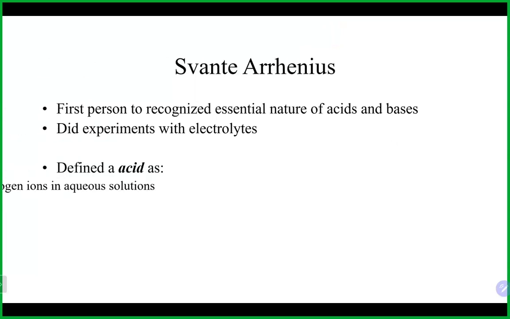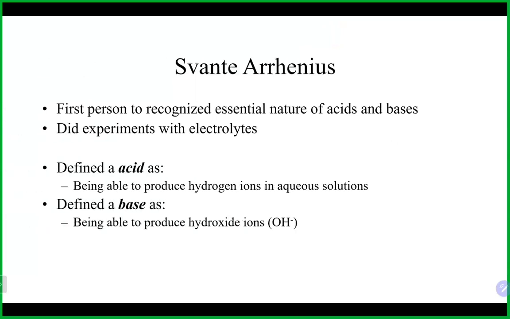An early definition used for acids and bases was one by Arrhenius. He did a lot of work with electrolytes, which again are solutions that break apart into ions and conduct electricity. He defined an acid as something able to produce hydrogen ions in solution.